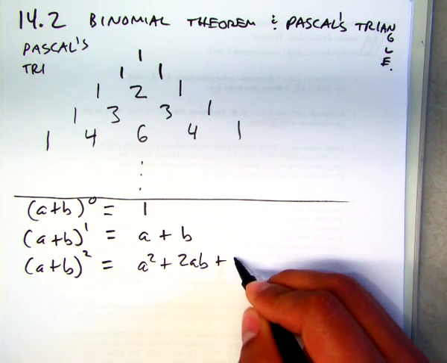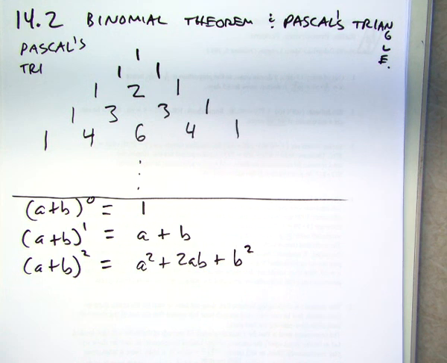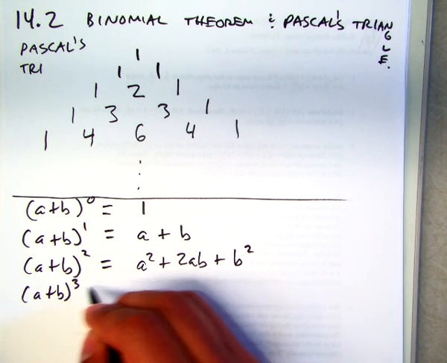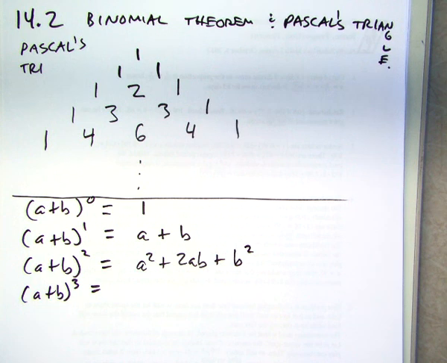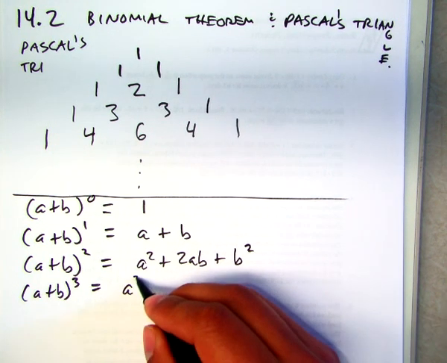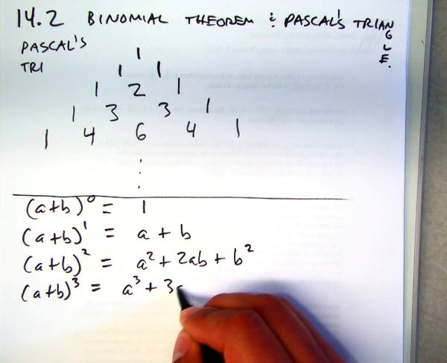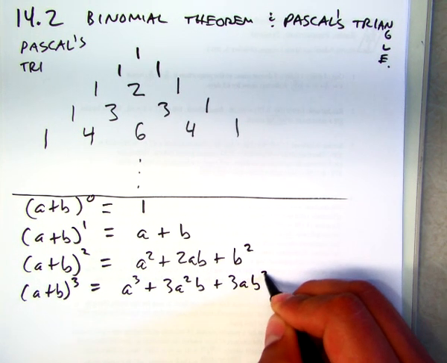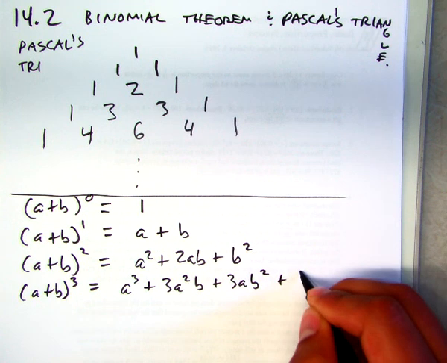And what if I asked you to do this one? Well, I'll be nice to you. I'll just write out what it is after you foil it out. You get a to the third plus 3a squared b plus 3ab squared plus b cubed.